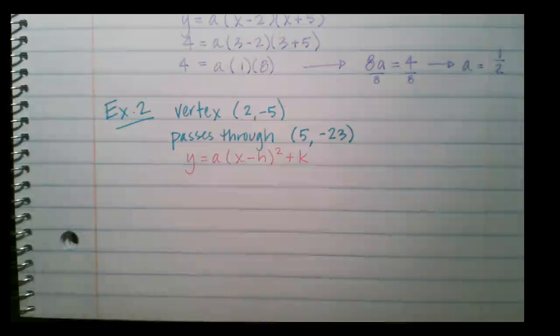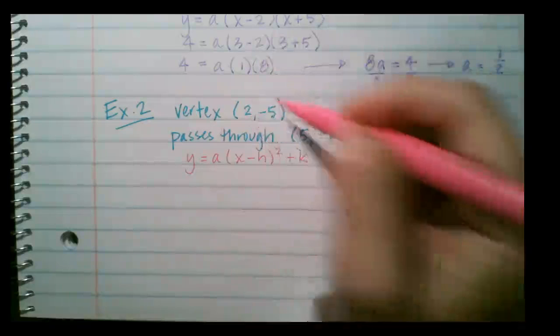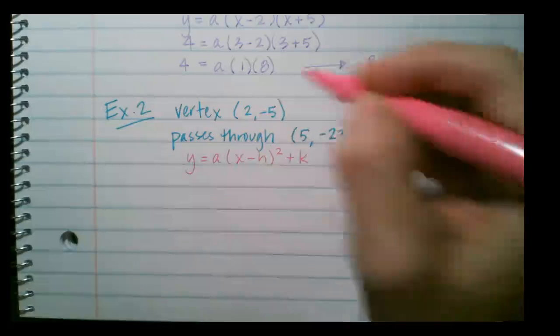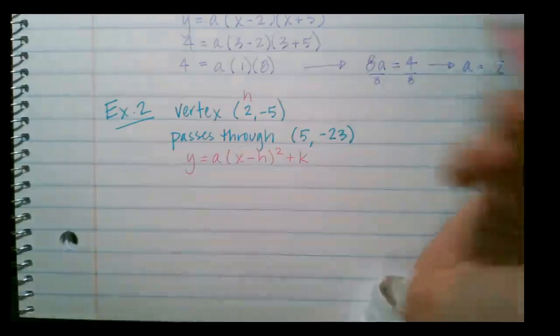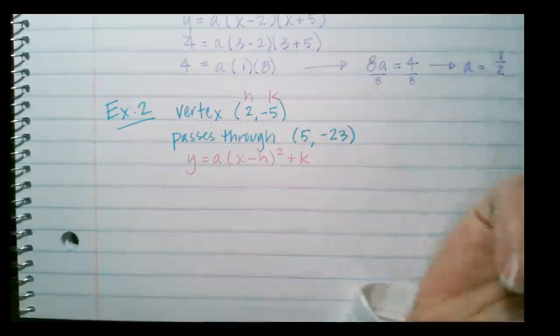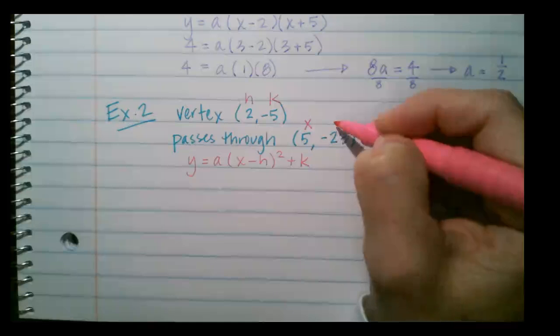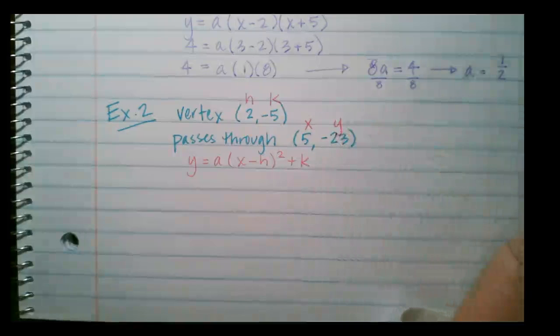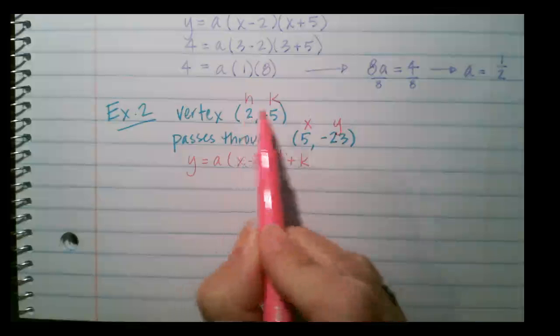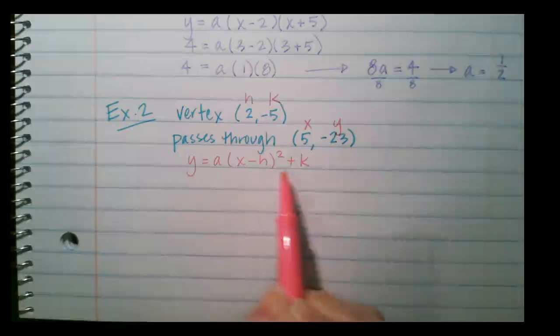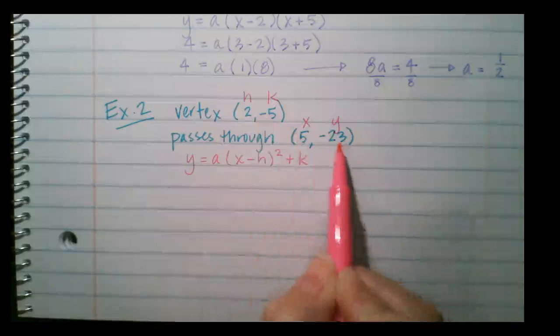So that's what vertex form looks like. Now, here's what I've been given in this information up here. I know that's the h, I know that's the k, and now we know that this can be used as an x and a y. So what I'm going to do is I'm going to use these 5 numbers in place of these 4 numbers.